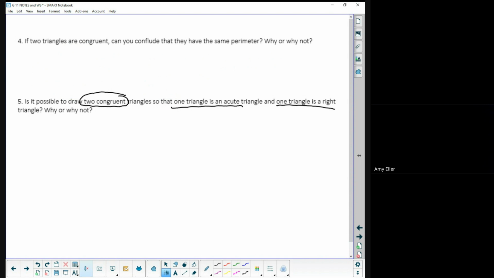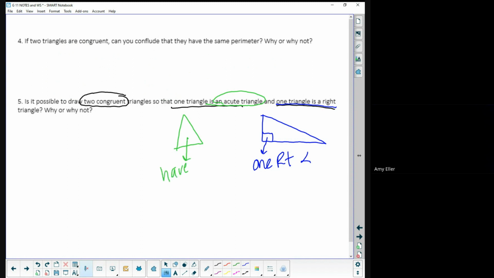The answer is no. Let me explain. If I have a right triangle, that means it has to have one right angle. And if I have an acute triangle, acute triangles have no right angles.